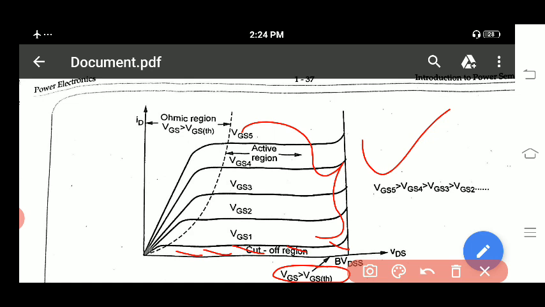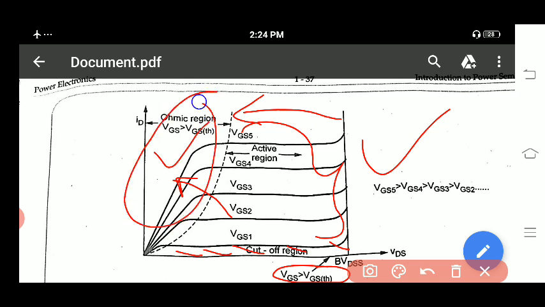Whenever VGS increases more, it switches from the active region to the saturation region. In the saturation region, you know that it works like an on switch. In the cutoff region, it works like an off switch. When VGS is greater than VGS threshold, it will be in the on state.